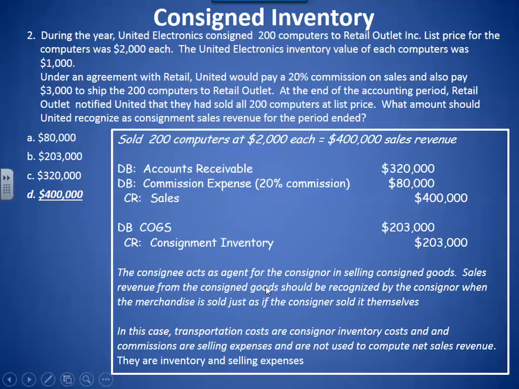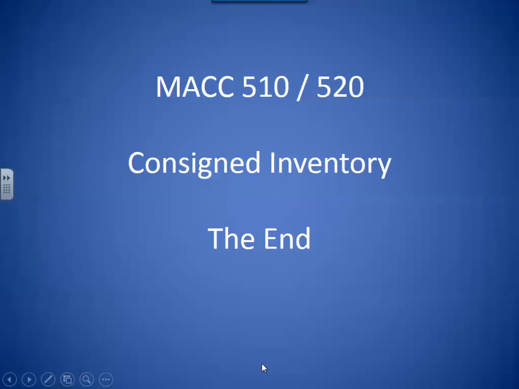So sales revenue should be recognized by the consignor when the merchandise is sold, just as if the consignor sold it themselves. In this case, the transportation costs are inventory costs, and commissions are selling expenses, and they are not used to compute net sales revenue. That's why it's $400,000. And that is the end of our review on consigned inventory.